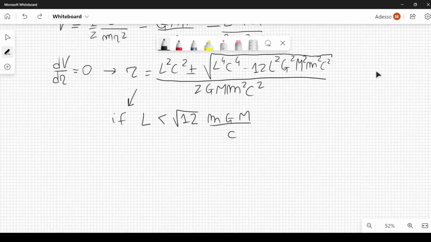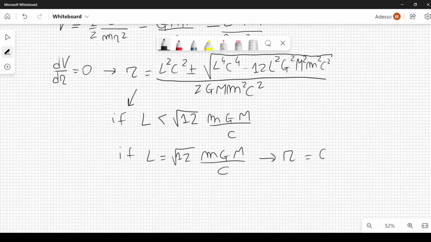Now, if L is exactly equal to the square root of 12 m G M over c, then from this expression you can find r equal to 6 G M over c squared, which is equal to 3 times the Schwarzschild radius.